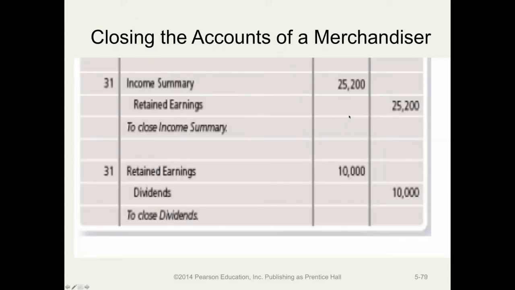So in our typical fashion, we're going to debit income summary, credit retained earnings, and then, of course, dividends are closed to the retained earnings account by debiting retained earnings and crediting dividends. Now, these are no different than we've seen for any of our other closing entries. The only differences are the unique accounts that are needed in the case of a merchandising company.